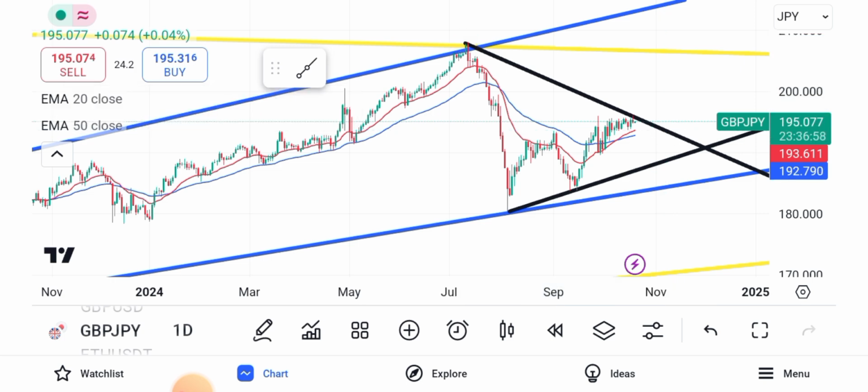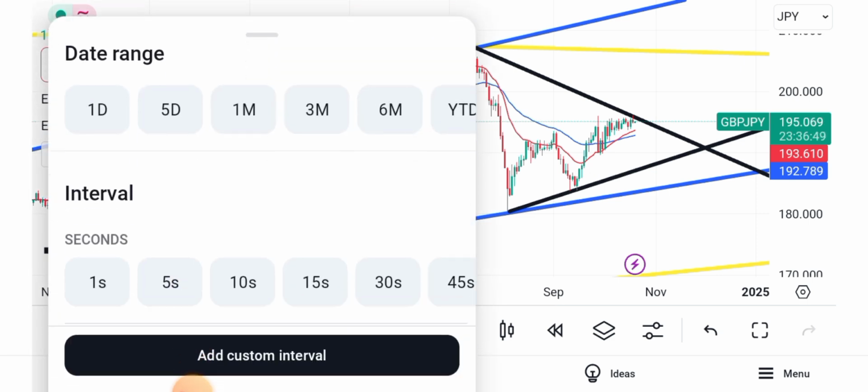Another apex here. Okay, so we're going to go to the 4 hour chart.